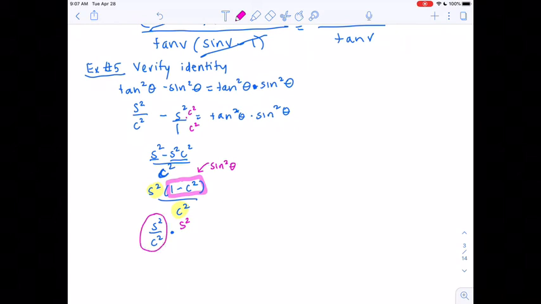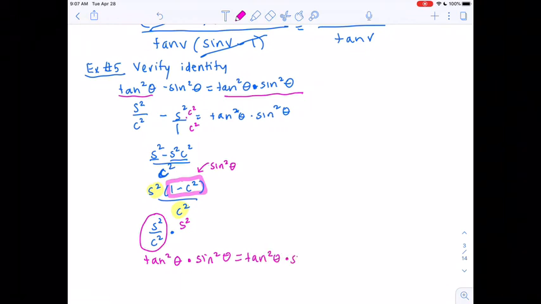So s squared over c squared, remember, was equivalent to tangent squared. So tangent squared of theta times sine squared of theta, and that is exactly what we were trying to show. That the left-hand side, tangent squared of theta minus sine squared of theta, is equal to tangent squared times sine squared. So write the last step where you're showing that the left is equal to the right, and you verified the identity.